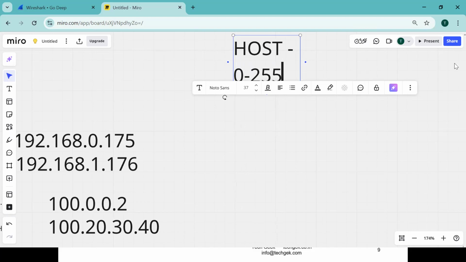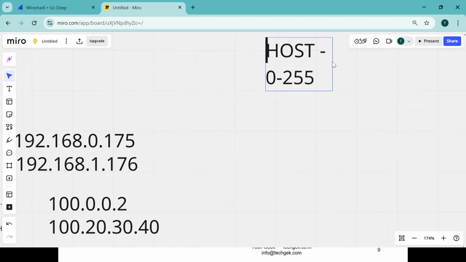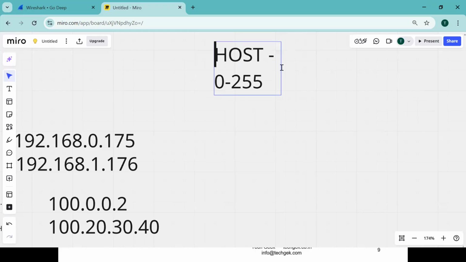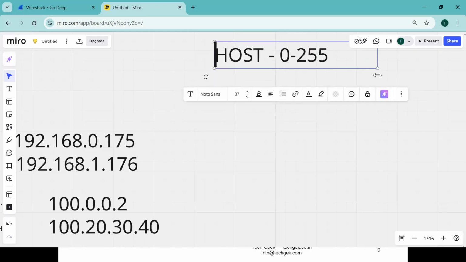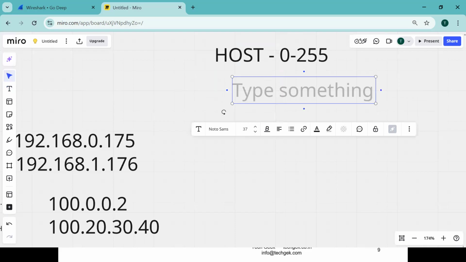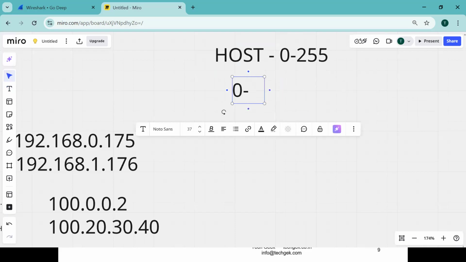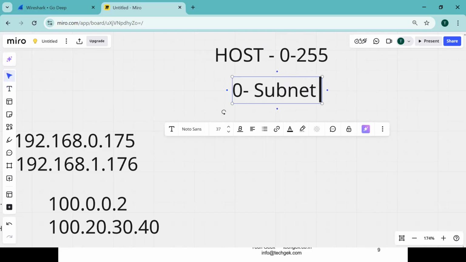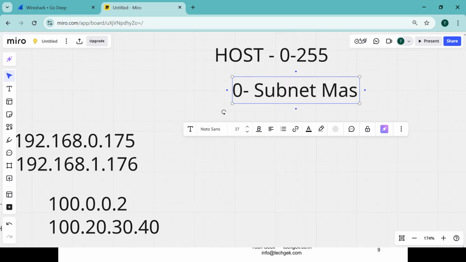So here we can see that the host range is 0 to 255. We never use 0 for a host. 0 is used for the subnet mask.